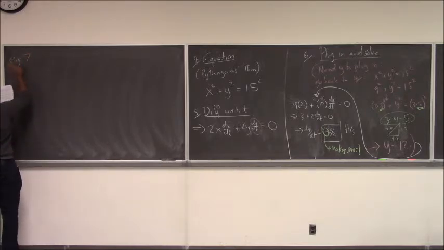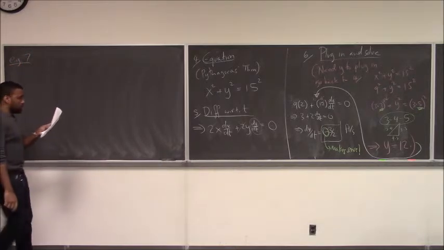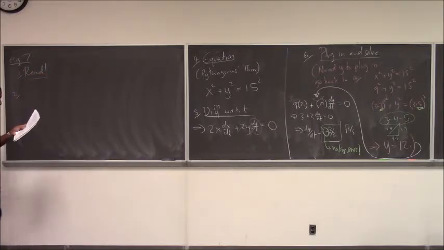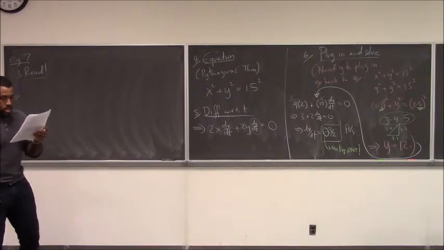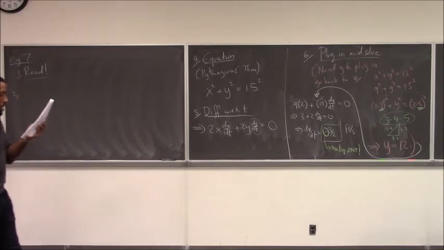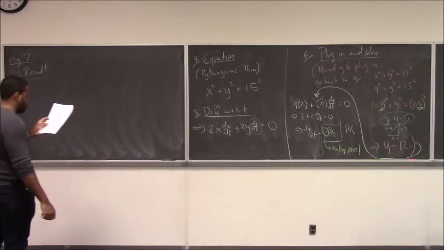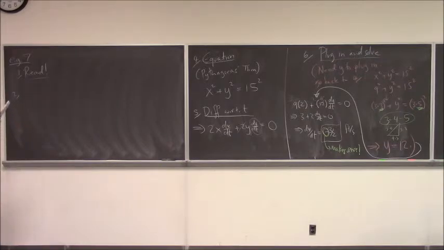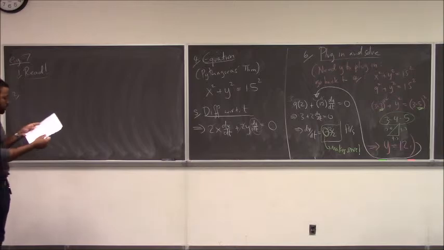So let's actually jump to example 7 here. Step 1 is to read. A water tank has the shape of an inverted circular cone, with a base radius of 3 and height of 9 meters. It starts out filled with water, but the water is leaking from the bottom of the tank at a rate of 2 cubic meters per minute.